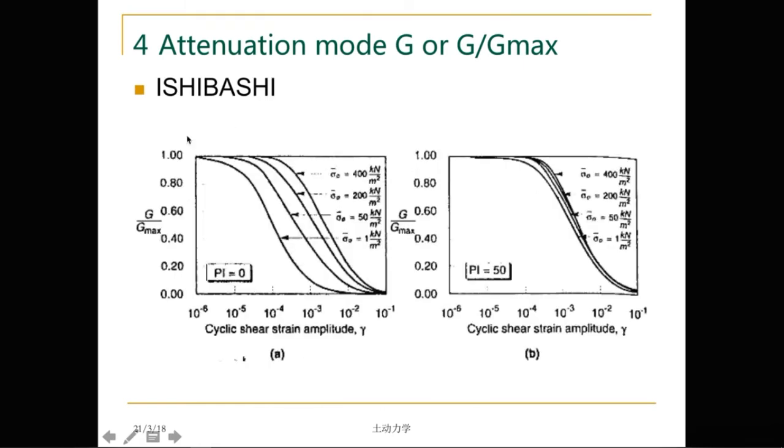Ishibashi proposed groups of curves giving the empirical relationship between G over Gmax and shear strain amplitude.